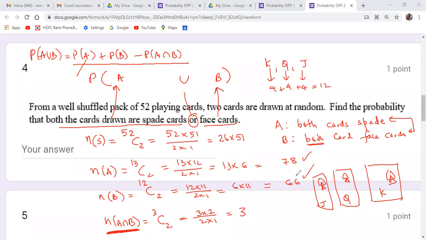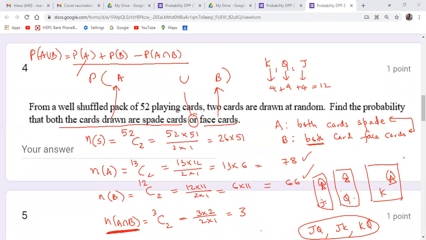It's 3 only, I thought; why are you writing 3C2? 3C2 is 3 only, no? But don't think of 3 individual cards, we take 2 at a time. Jack and queen, one possibility. Jack and king, another possibility. King and queen, another possibility. So we have 3 cases. Don't think Jack is one, queen one, king one. No, we are selecting 2 at a time. Although the answer is 3, it is not Jack one time, queen one time, king one time. Jack and queen one time, Jack and king another time, king and queen another time. Like that, three cases are there.